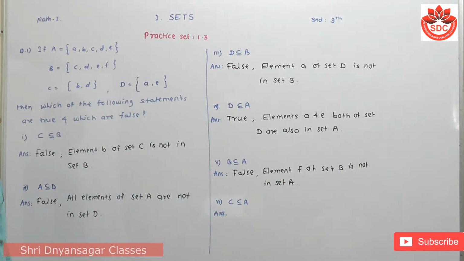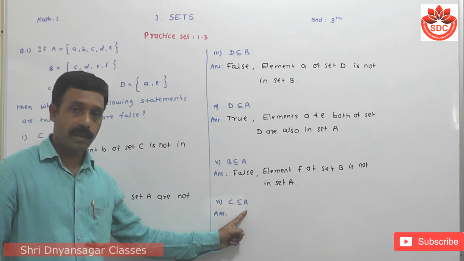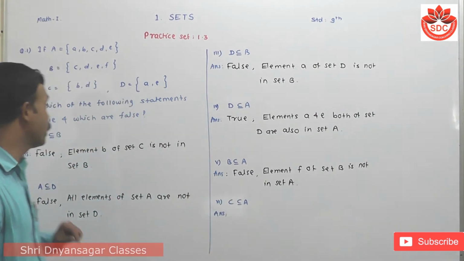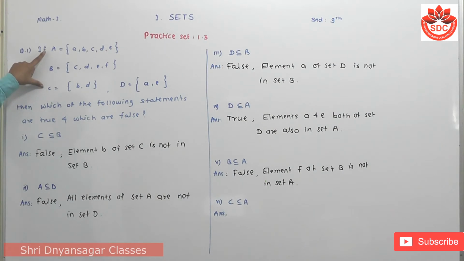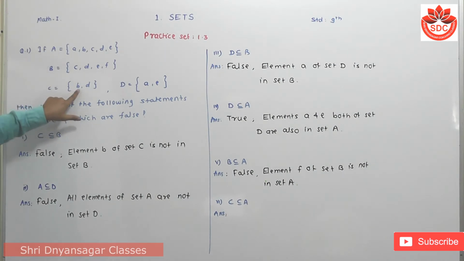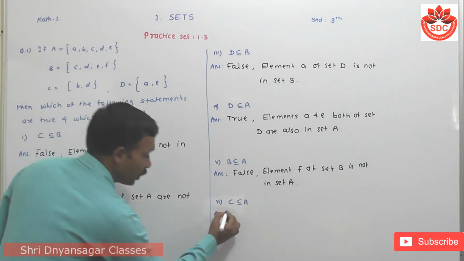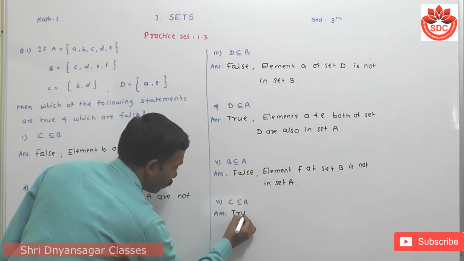Then the last one is C is a subset of A. It means that every element of C is also present in set A. We observe this set C and A. Now look carefully. Every element, B and D, is also present in set A. It means that this is the true statement. So the answer is true.